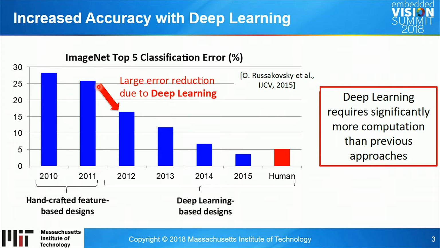You must have heard about, for example, AlexNet, coming from the University of Toronto in 2012 on the ImageNet competition. It showed a substantial reduction in error. In this plot, lower is better. Since then, the error has dropped, and in 2015 it achieved an error rate below, actually beating, human level accuracy.